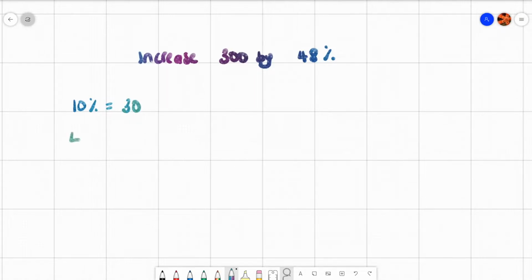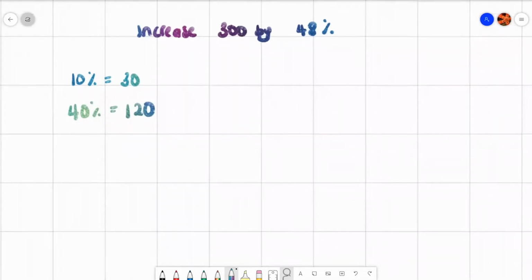I can work out 40%, because I can just times that by 4, which would be 120. Right, I need to work out 8%. So I've got two different things that I can do. I can work out 1% first, which would be 3. And then obviously I could times 1% by 8. So 3 times 8 is 24.